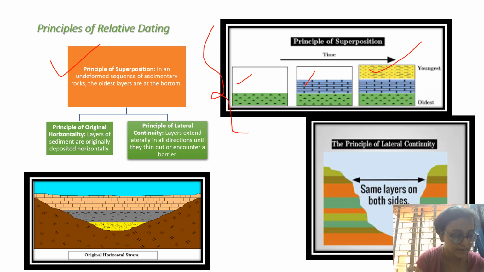Now we will understand what the principle of original horizontality states. It basically means that sediments are originally deposited in horizontal form. In this image, I hope it is clear that these sediments are deposited in a horizontal formation. Now, the principle of lateral continuity.